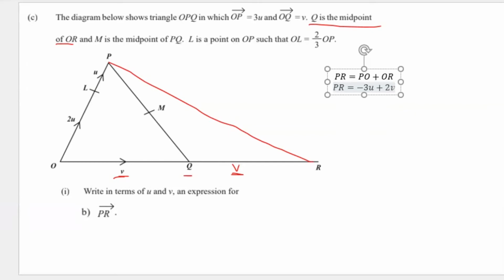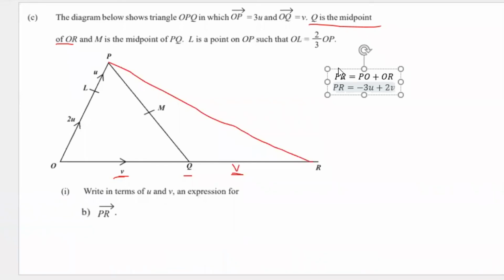And this would be our answer for PR. So PR is equal to minus 3u plus 2v. If you went the route of PQ, then to QR, your answer would still be the same.